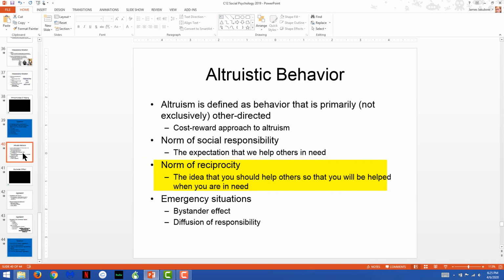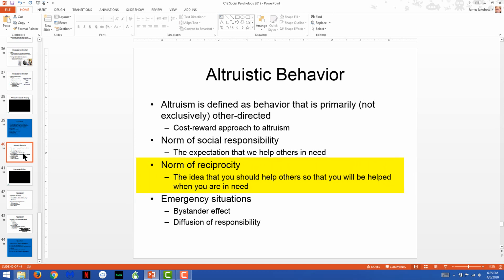That's the general idea. Of course, that doesn't have to hold true. There may be times when you help other people and other people don't help you, but these are very broad-based expectations from society that you typically see anywhere you go on the globe.